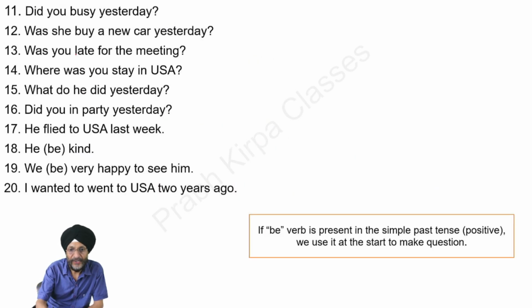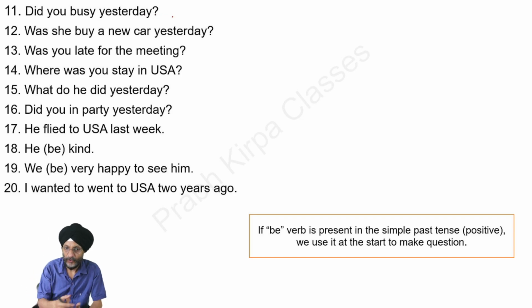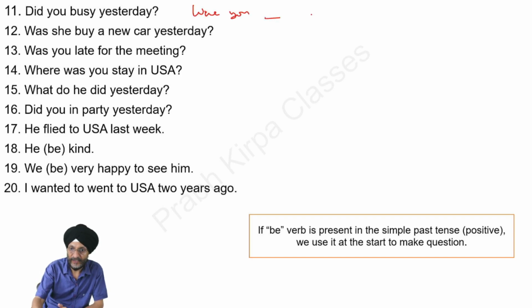Next, did you busy yesterday? If we make it positive, what will you say? You did busy yesterday? No. You will say you were busy yesterday. And the question becomes, were you busy yesterday?